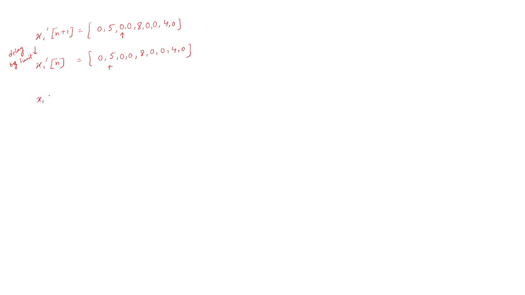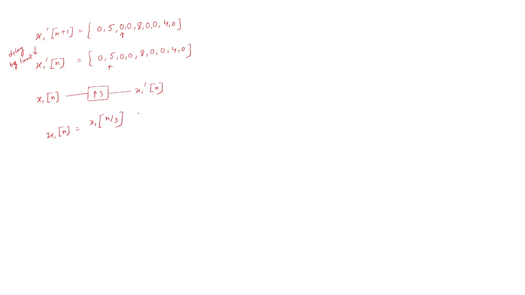Now you obtain x1 of n. You perform upsampling on x1 of n to obtain x1 dash of n. So if you are interested in obtaining x1 of n, it is nothing but x1 dash of 3n.